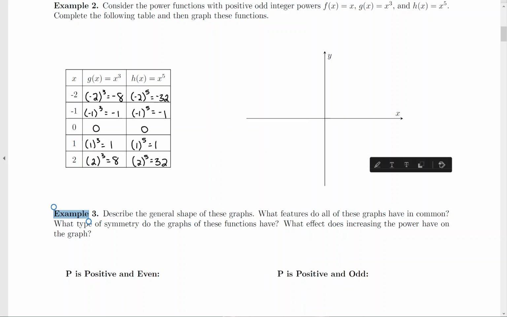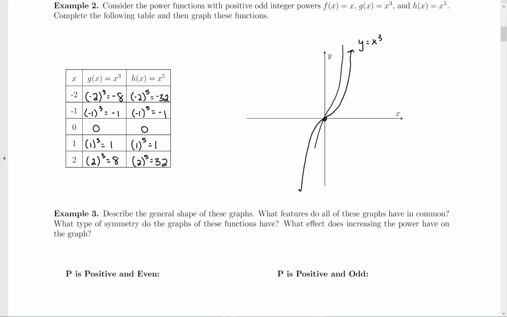So if I were going to freehand these in, this would be my x cubed. Notice again, they went through the origin. And if I'm going to freehand x to the fifth, it also goes through the origin, but it's a little bit closer to the y-axis. And that's my y equals x to the fifth.